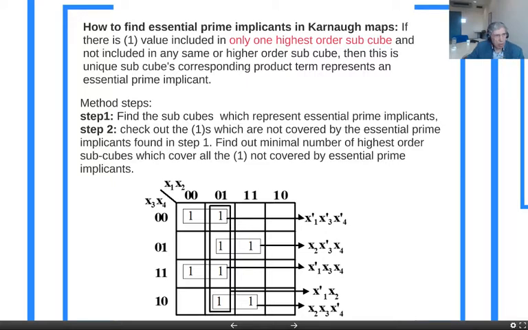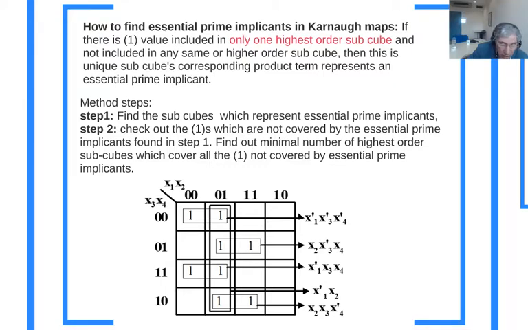The answer is these subcubes are essential prime implicants. Let's check it. Because of this one here, this first order subcube is an essential prime implicant. Why is that? Because this one is included only in this subcube, and there is no other subcube which includes this one in it. Therefore, it is an essential prime implicant. Because of this one, this is another essential prime implicant. Because of this one, this is another essential prime implicant.